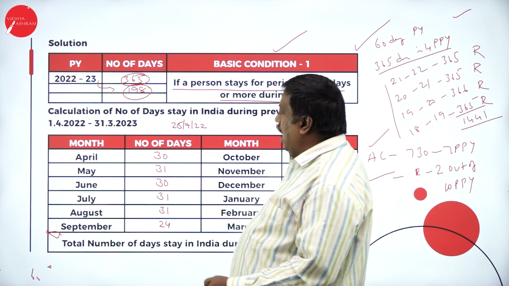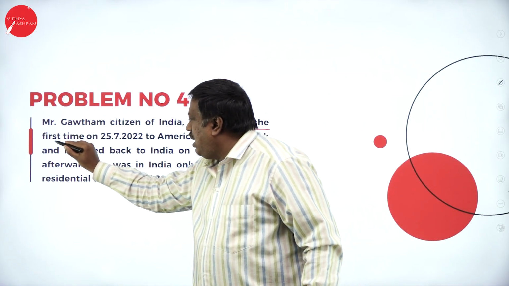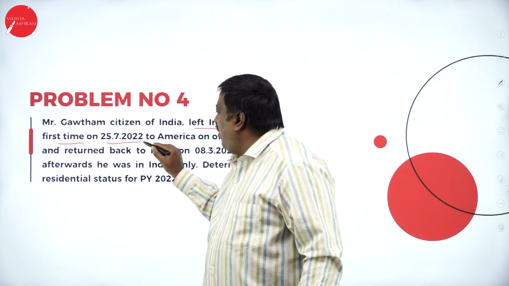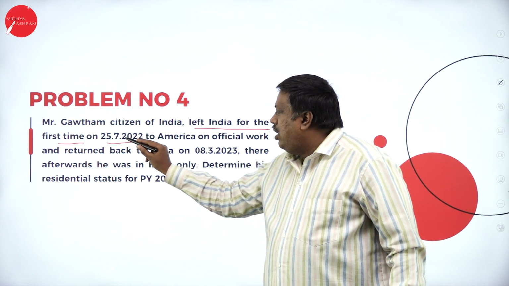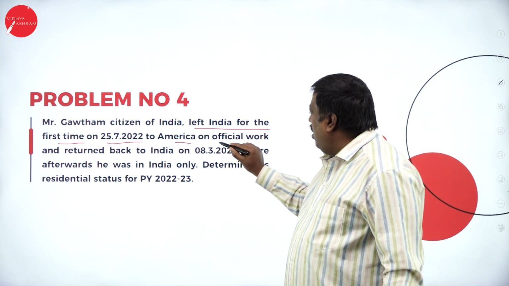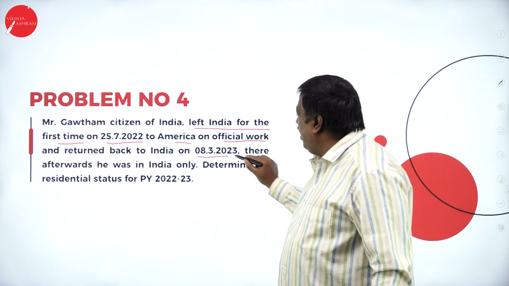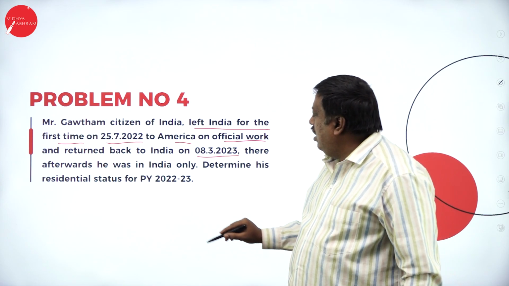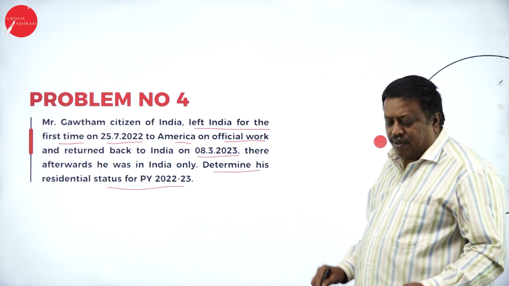I am Mr. Gautam. I left India on 25th July 2022 to America on official work, and I returned back to India on 8th March 2023. During previous year, what is my status? We have to identify.